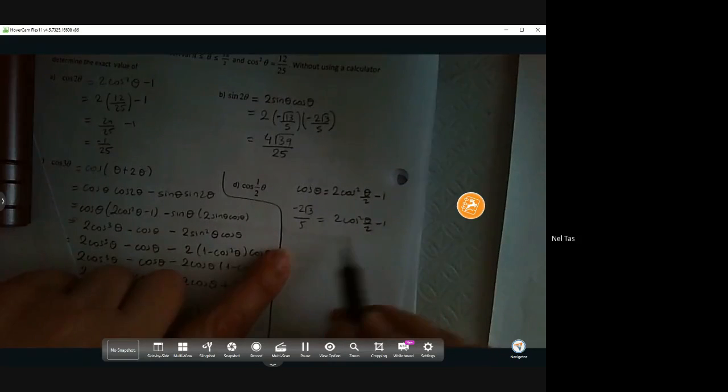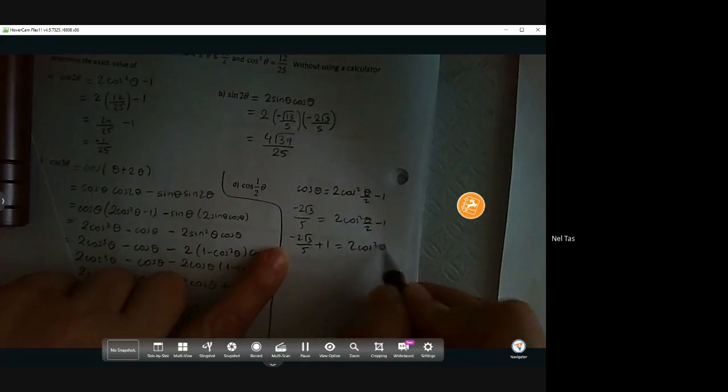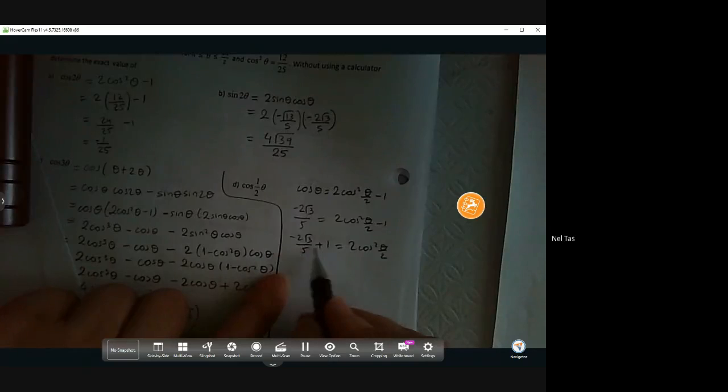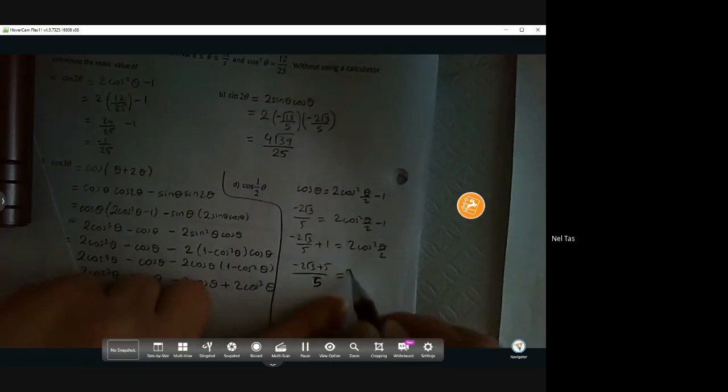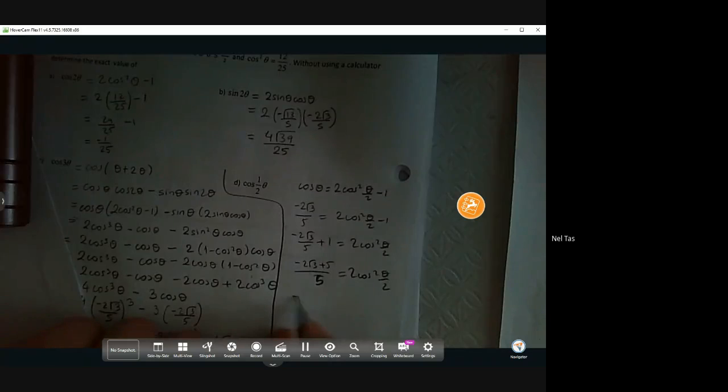So we can move negative 1 to the left. So now we have a common denominator here, and then we get negative 2 root 3 plus 5 over 5. Now we can divide both sides by 2. This gives us negative 2 root 3 plus 5 over 10.